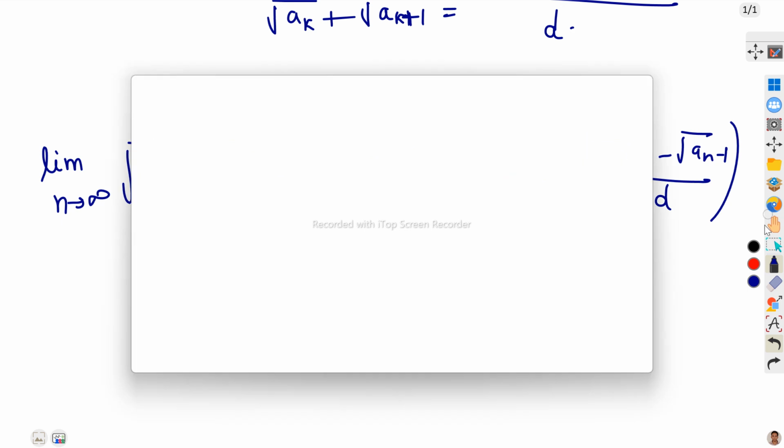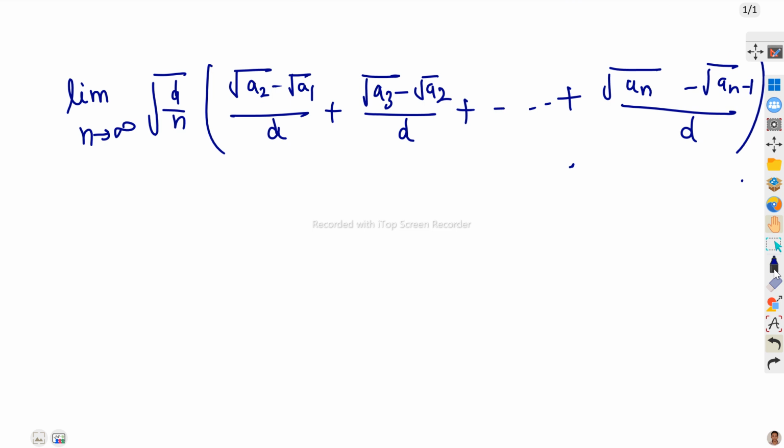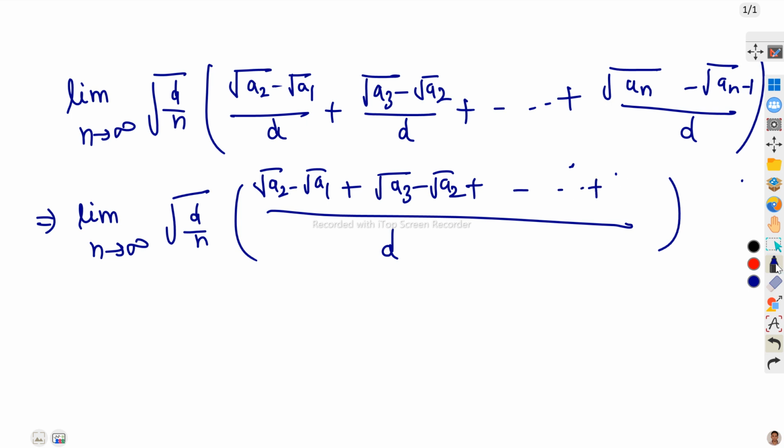By simplifying these terms, this becomes the limit as n tends to infinity of square root of d upon n, and we can add this as a very simple formula: square root of a2 minus square root of a1, plus square root of a3 minus square root of a2, plus ..., plus square root of an minus square root of an minus 1. So we are looking here that square root a2 gets cancelled.